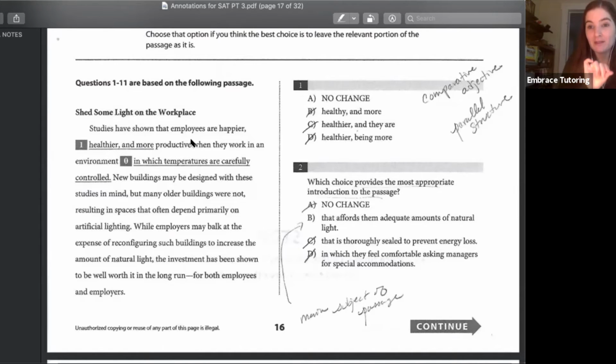So each of them are the same type of adjective form, okay? Meaning that they're in the same form. So they're parallel. You shouldn't have happier, happiest, and happy in here.